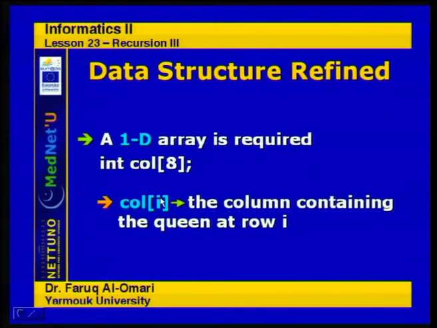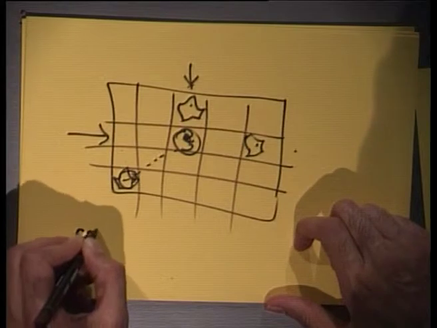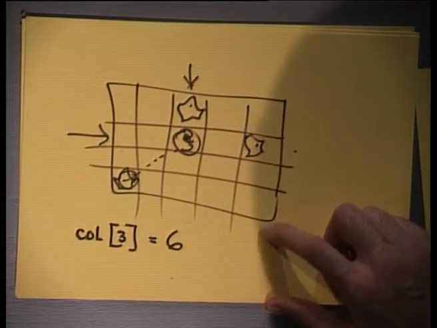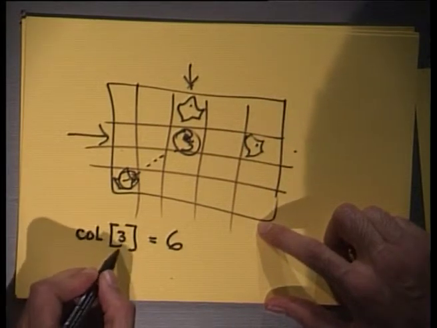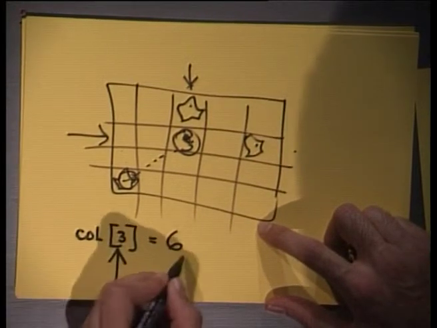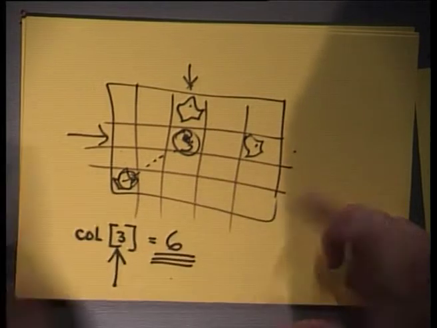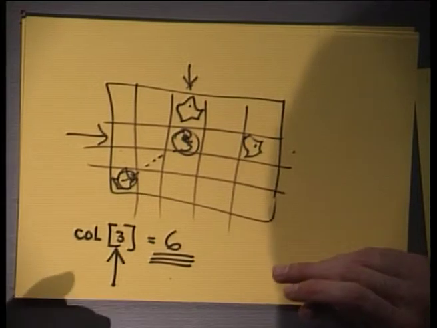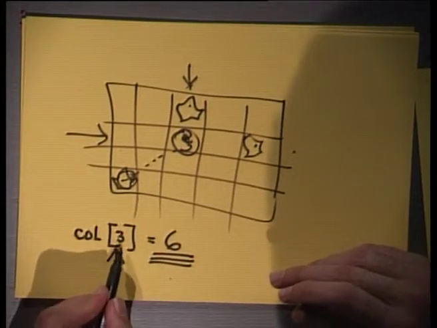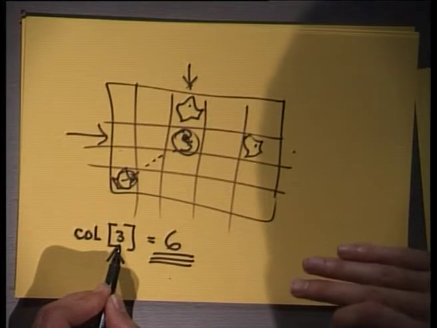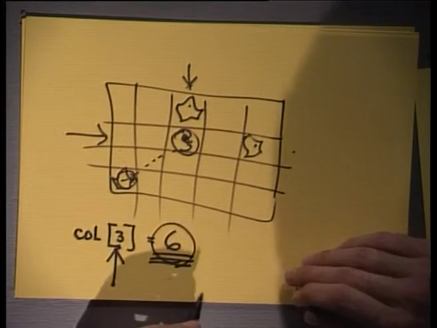So something like, if I say column of 3 equals 6, this means that the queen placed in the third row is at column 6. And this is enough to give a whole picture of the entire chessboard, right? So again, this says I have a queen at the third row. And where exactly on the third row? It's in the 6th column of that row.